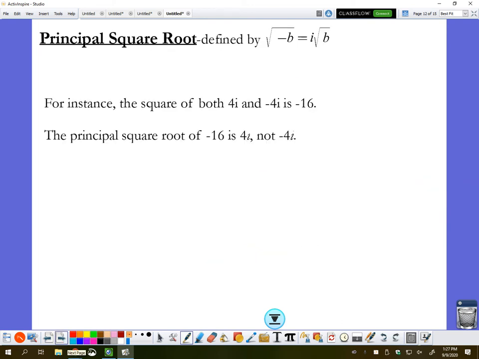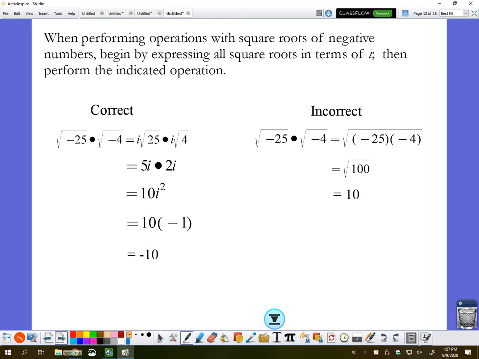All right, principal square roots. It's just saying you've always got to pull that i out. There's a correct and an incorrect way of handling a problem. Before you can work with negatives under a radical, you have to put the i in the problem. You can't just multiply and the negative magically goes away, like on the incorrect side.